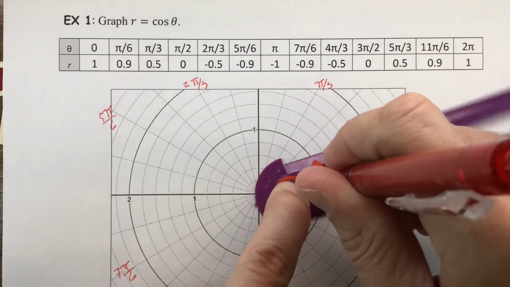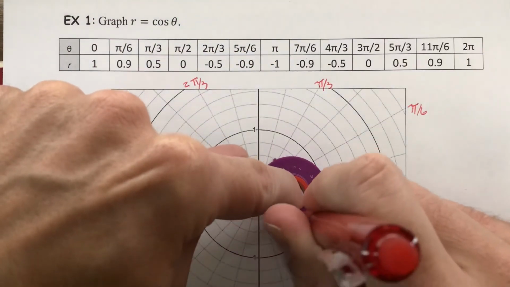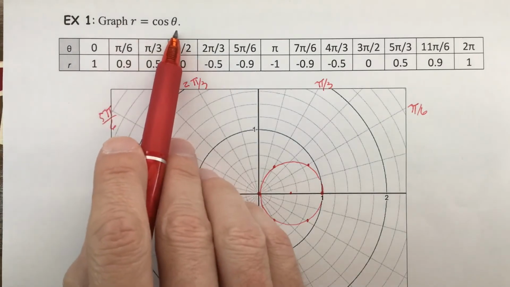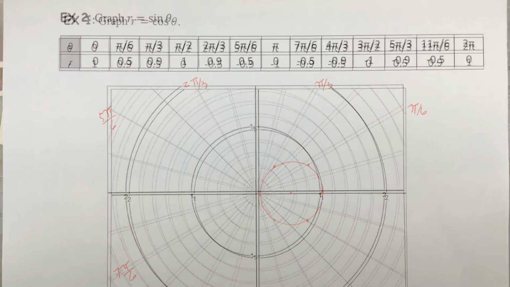We're going to maybe miss a couple of the points here, but let's try. Not too bad. That's about as good as I'm ever going to be able to do that graph. So there you are. That is a circle, which is the graph of r equals cosine theta in a polar grid. Remember, in a rectangular grid, it's that waving graph.